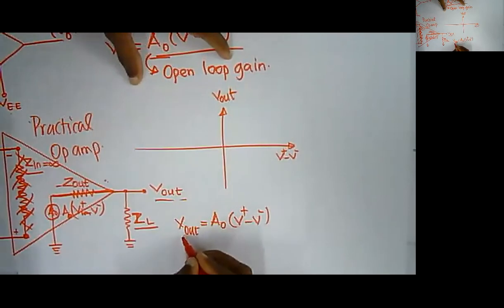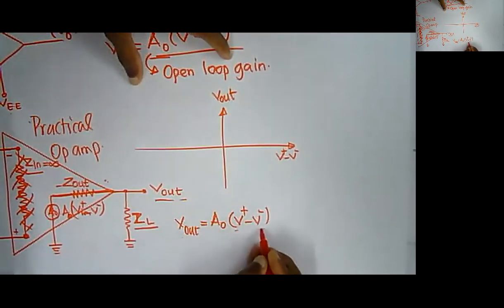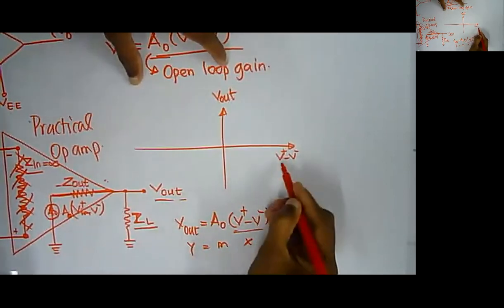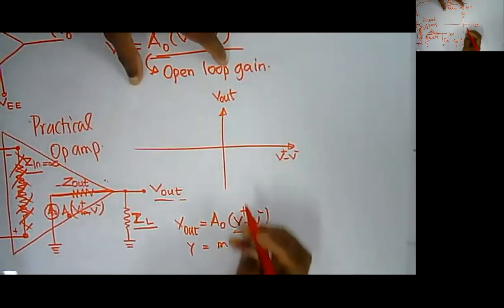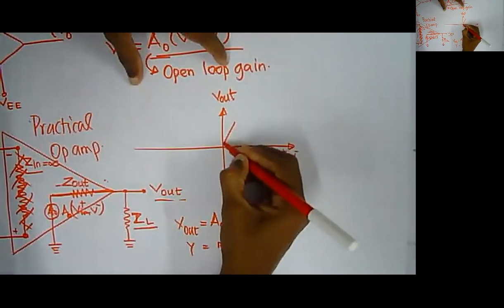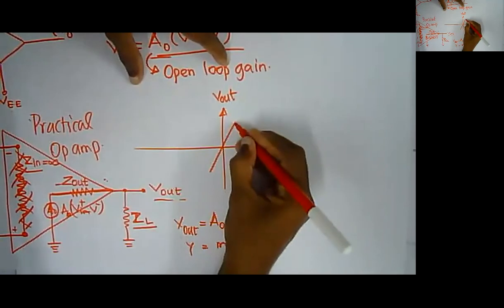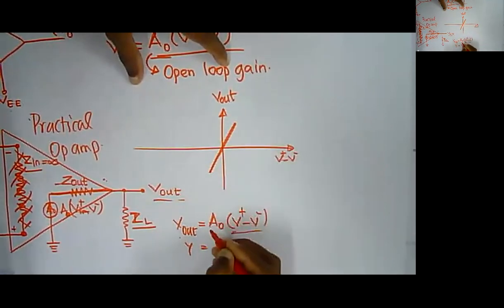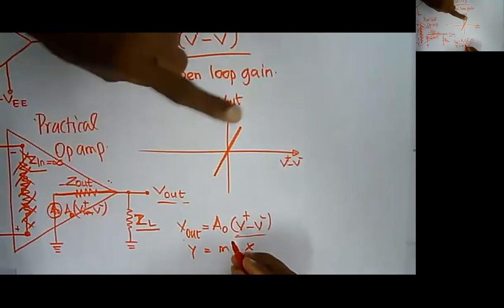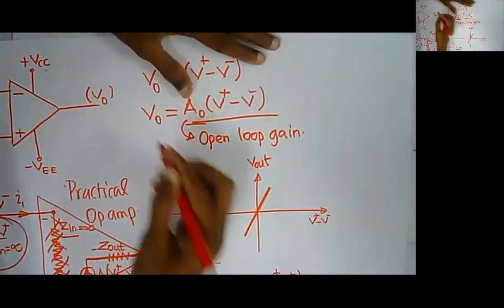Your V out is directly proportional. It's actually Y equals M into X. This is my X. I will have a straight line through the origin, since I have no C, but I have a limit.